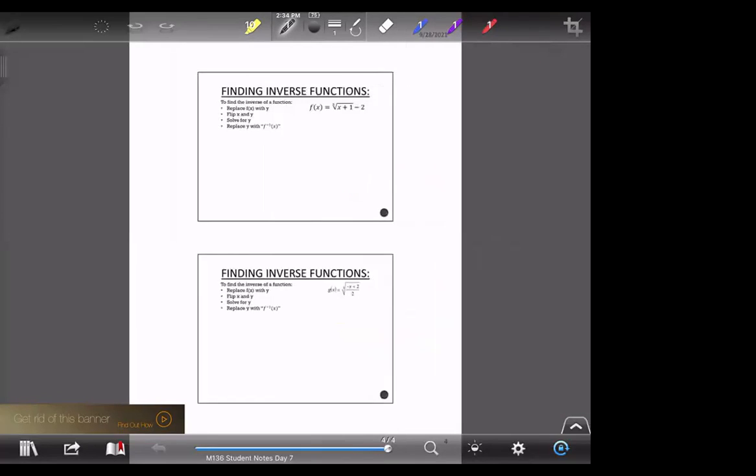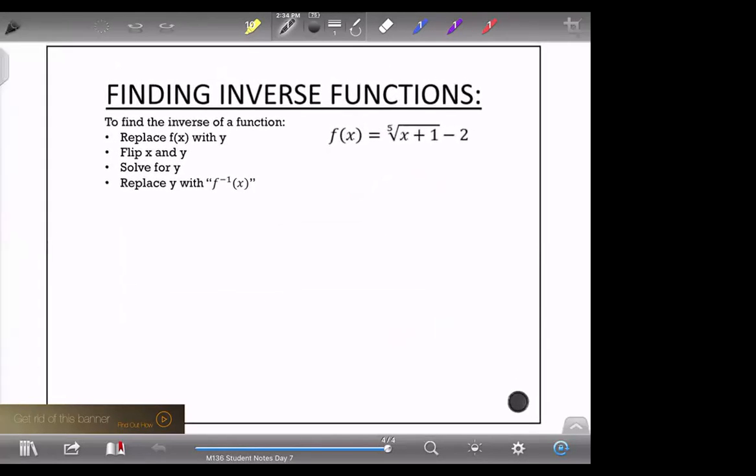All right, next one. So in this case, we have a function, the fifth root of x plus 1 minus 2.